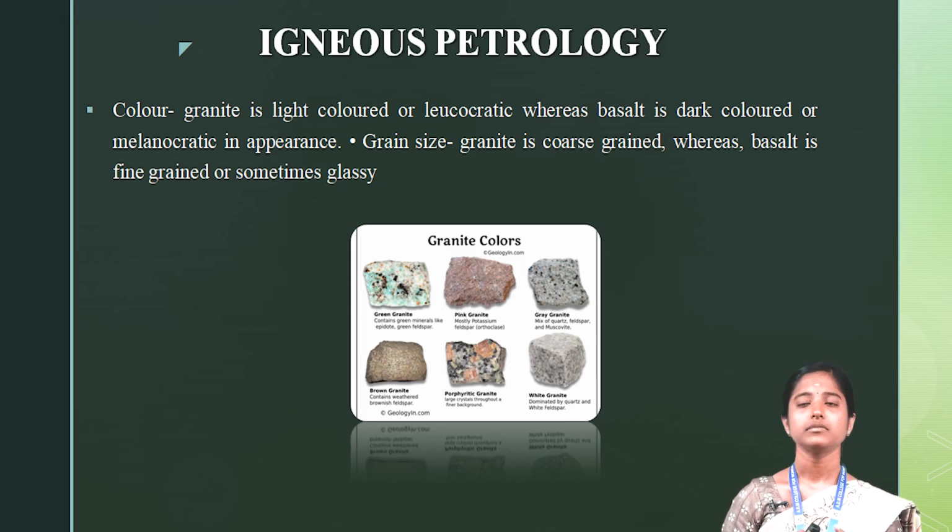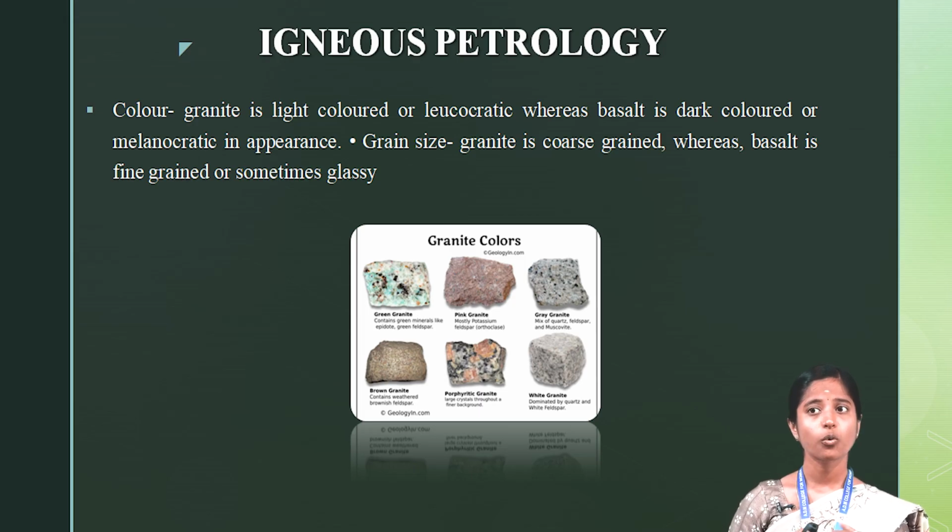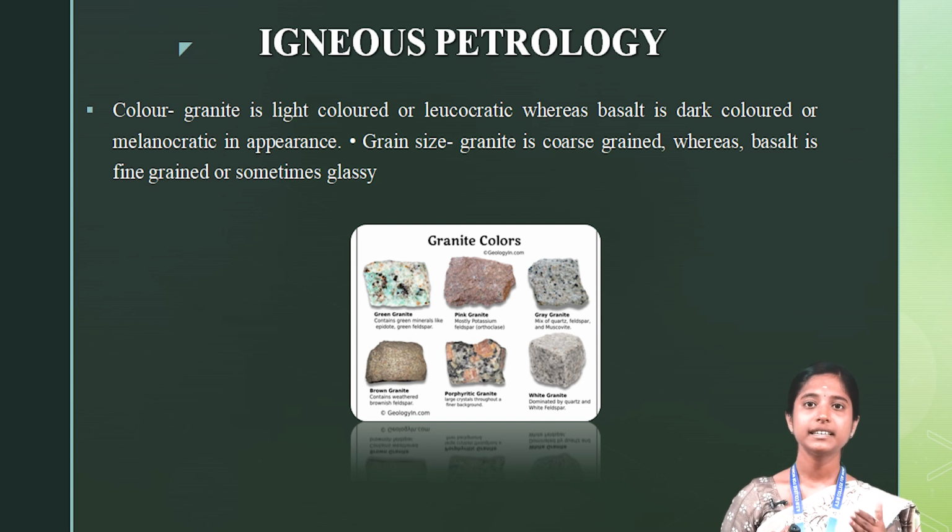Next, the term texture is applied to megascopic features as observed in hand specimen with the unaided eyes, as well as microscopic features as observed in thin section under the microscope.